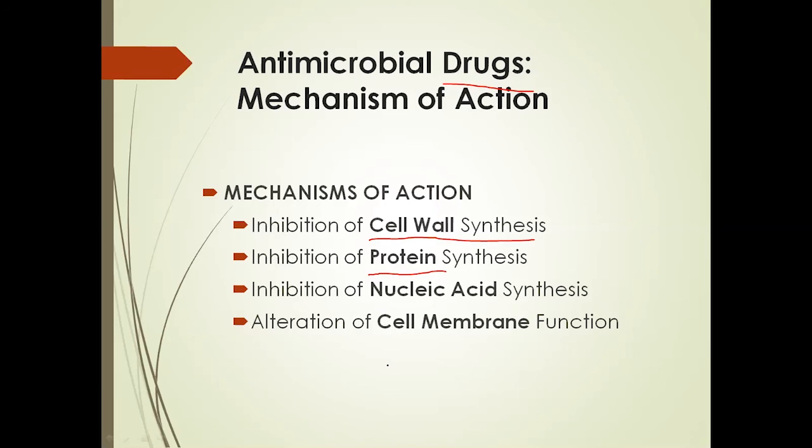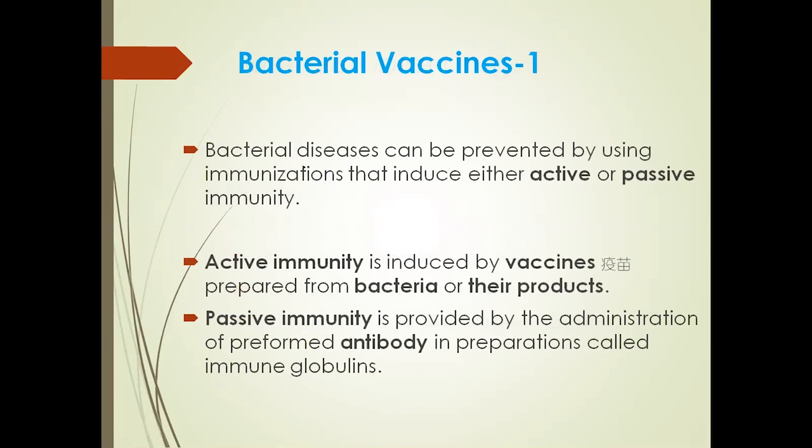For the drugs part, we will talk about some detail after our midterm. And the bacterial vaccine prevents the illness. Bacterial vaccines include active and passive. We will talk about some detail later.